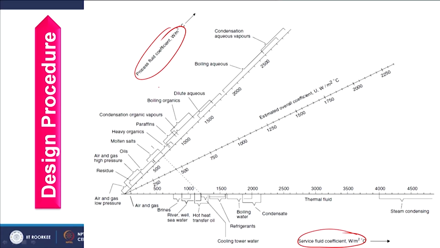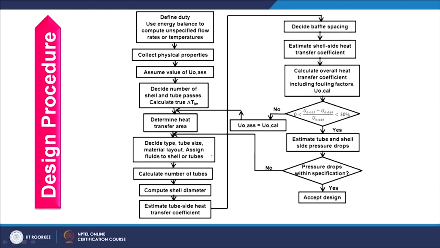Depending upon the process fluid and service fluid, you can consider the center of these ranges for whatever fluids you are considering, and just draw a line between the two, and wherever it is cutting this middle line, that is basically the estimated overall coefficient, which I am calling the assumed overall coefficient. So, this value you can choose as the assumed overall heat transfer coefficient.